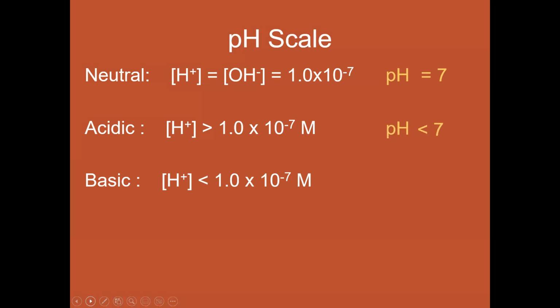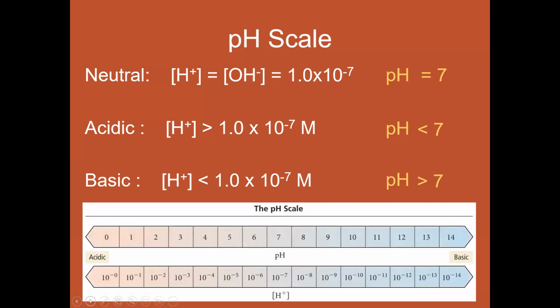So the pH will be less than 7 if it is acidic. And basic, the hydrogen ion concentration is less than 1.0 times 10 to the negative 7th. We said that's a higher exponent, meaning the pH will be greater than 7. So this is a range with the acidic values towards 0, 7 is neutral, and the more basic values are up above 7.